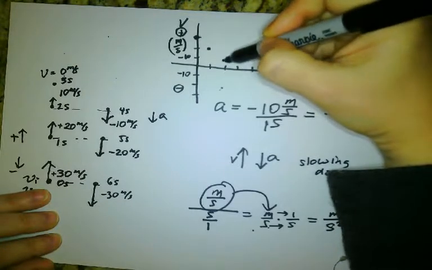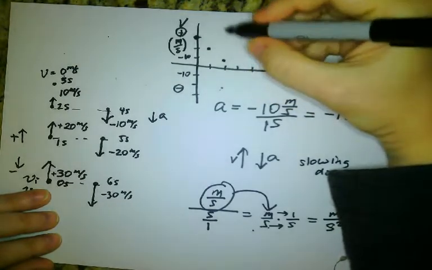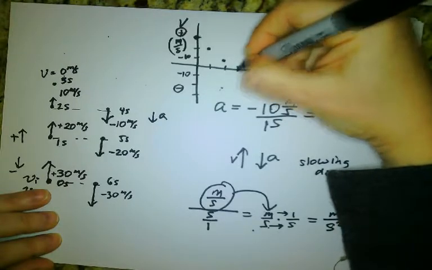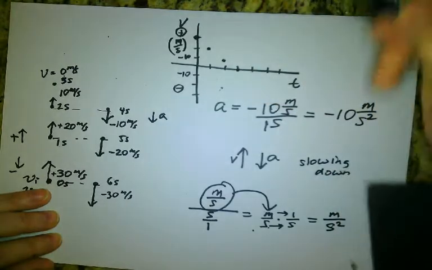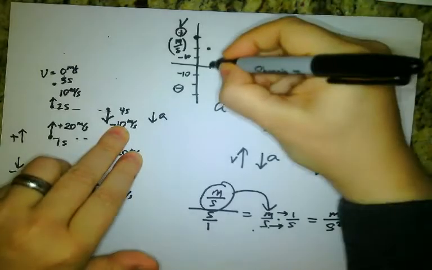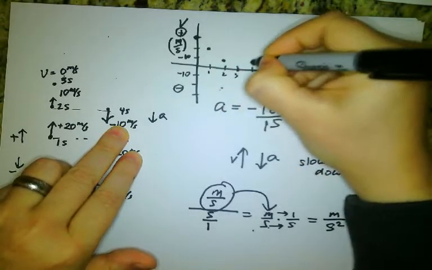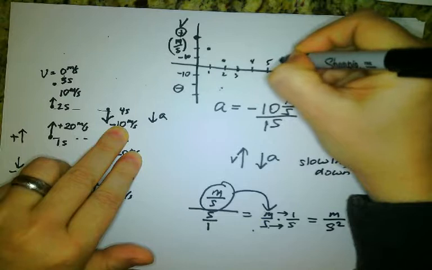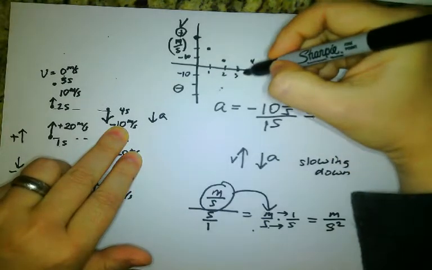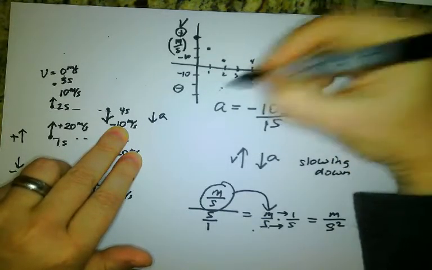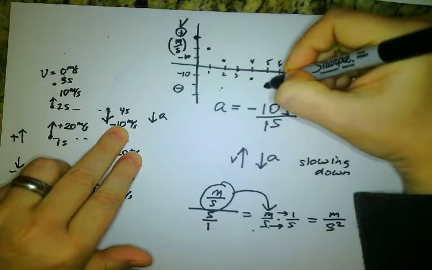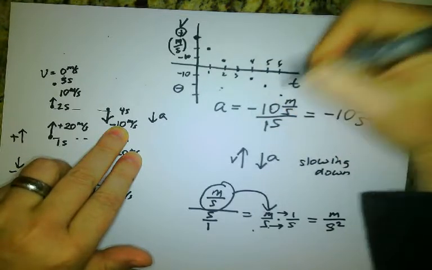And then at 4 seconds, negative 10, and so on. I'm freehanding this graph, you see I'm about to get a straight line. Okay, so what's going on here?